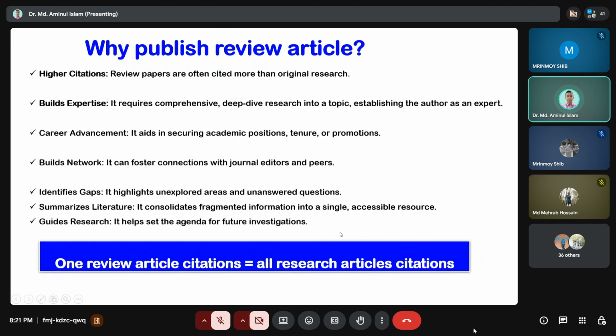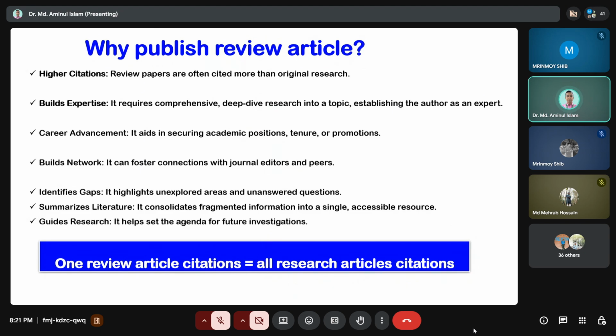So why publish a review article? Well, when I was doing my PhD in Australia, I was collecting literature and studying. Then I found one review article from a Chinese scholar, and I saw that this review article got huge citations.